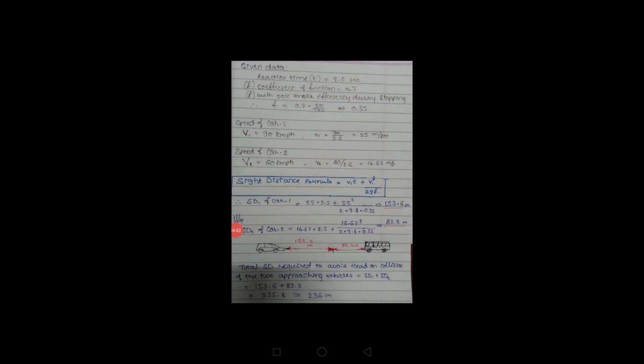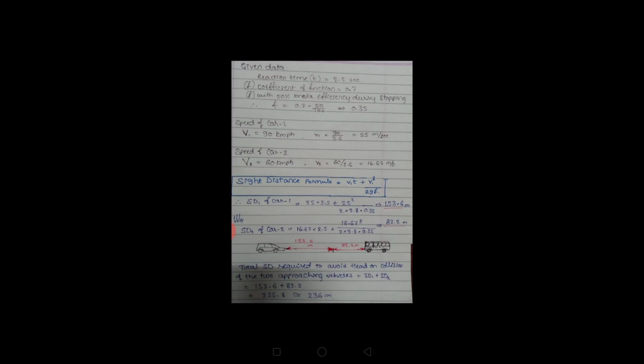In the given problem, he has given us the reaction time of 2.5 seconds and coefficient of friction as 0.7. Also he has mentioned that brake efficiency is 50% of the coefficient of friction. So f is equal to 0.7, and its 50% is 0.35. And he has given us the velocities of both the cars.